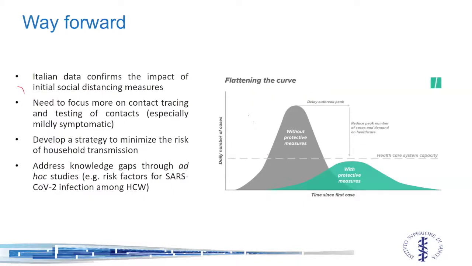What is important is that we focus very much on social distancing measures, and also very much on testing of contacts. At the beginning it was very extensive overall in the northern part of Italy, trying to track all the contacts in the previous 2 weeks, and trying to put all these people in quarantine.